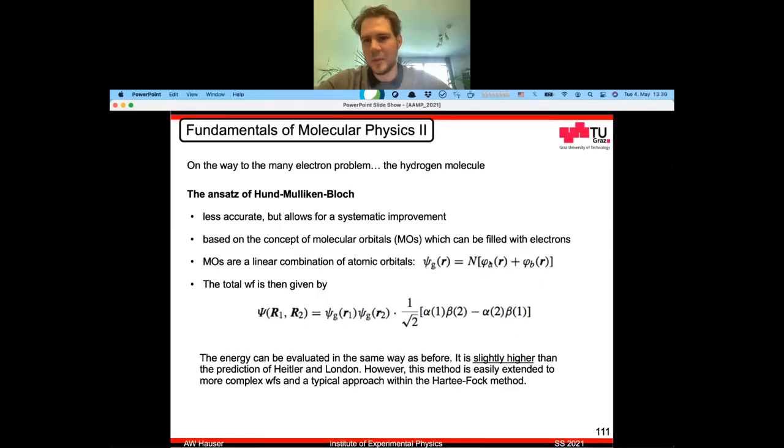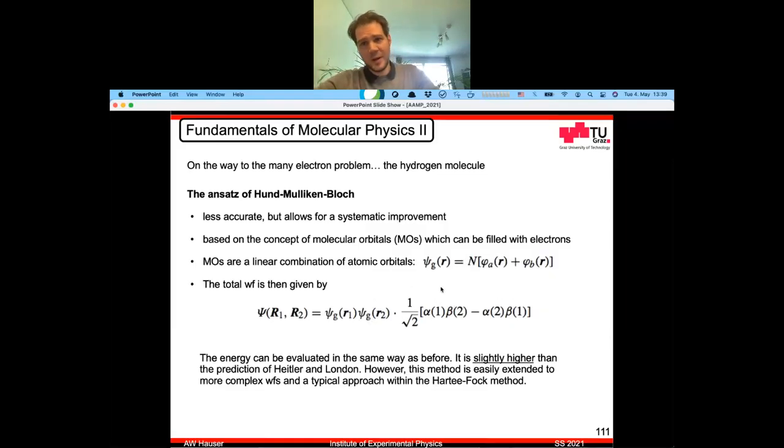I say it's a linear combination of A and B orbital, and this linear combination I call my molecular orbital. And then I say, okay, I put the first electron and I put the second electron in this very same orbital psi g. So this is obviously now symmetric with respect to its spatial part of the total wave function. So it has to be anti-symmetric with respect to the spin part.